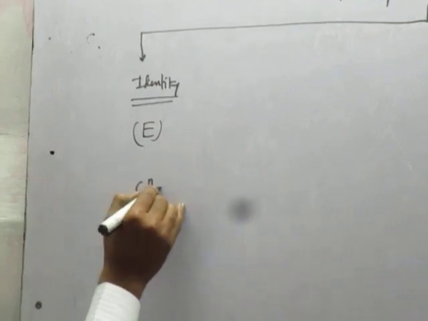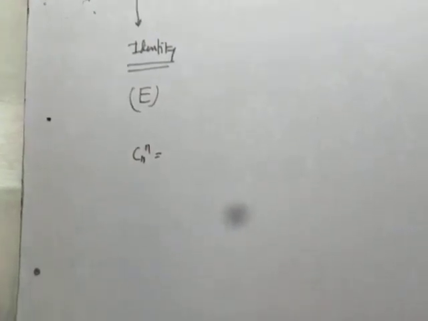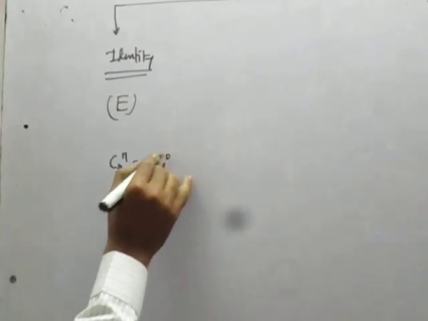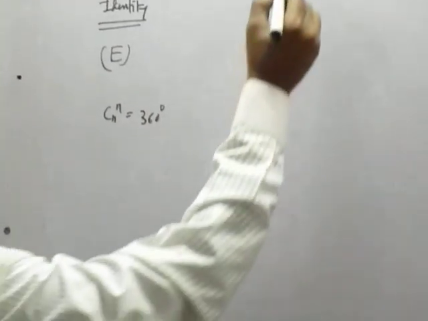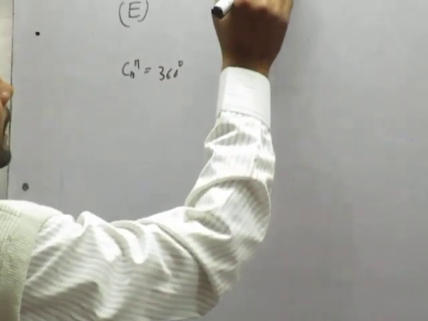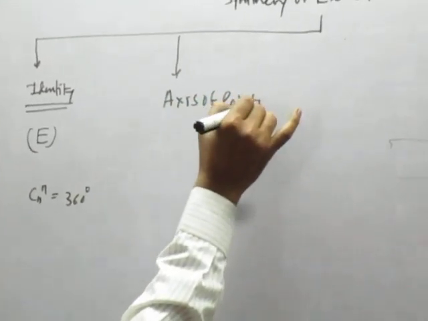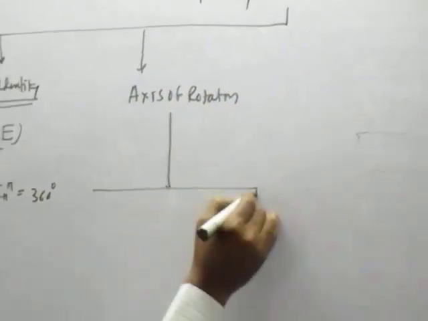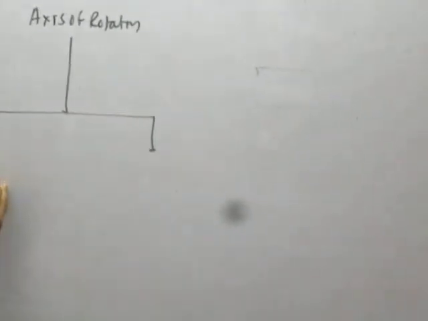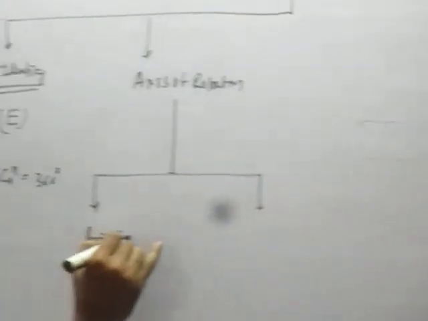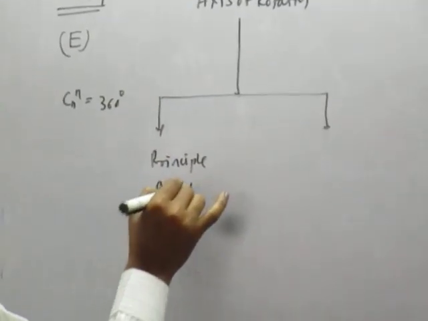That is Cn, where n rotations will be present, that should be 360 degrees. Then second, axis of rotation, which is defined by the principal axis of rotation.